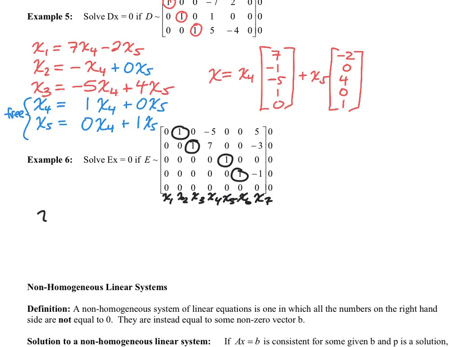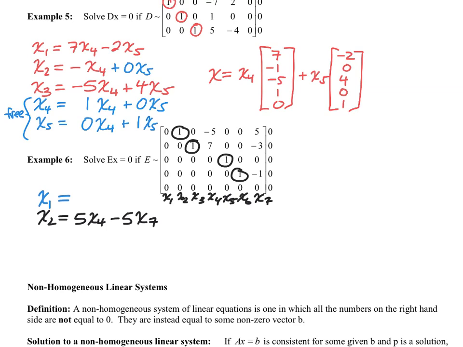All right, so x sub 2 is going to be equal to positive 5 x sub 4 minus 5 x sub 7. All right. I don't have any pivot values in the x sub 1 column, so I know x sub 1 is going to be one of my frees.